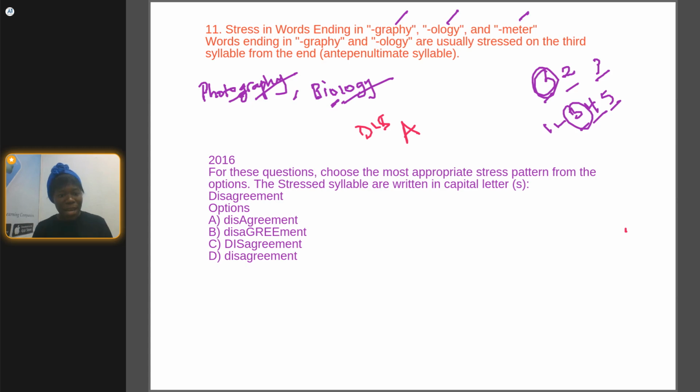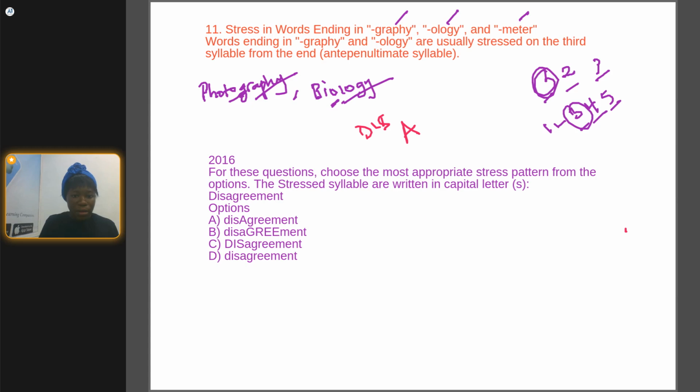Agree is a two-syllable word. Remember the rule that states that if the word is a two-syllable word and is a verb, then the stress is on the second syllable.